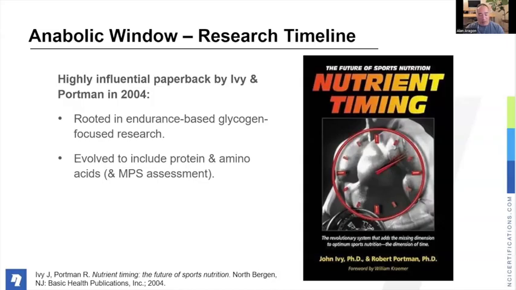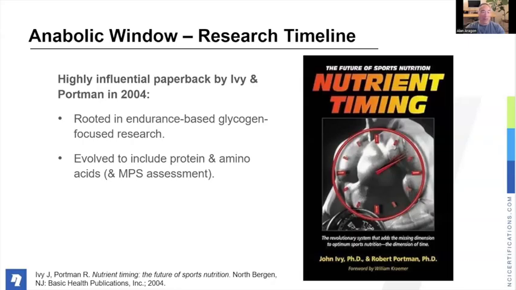And it was found that when amino acids or protein combined with carbohydrate was ingested post-exercise, this stimulated muscle protein synthesis to a greater degree than carbohydrate by itself or protein by itself. And so this co-ingestion concept was born.